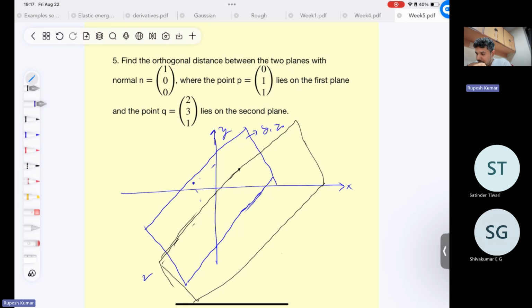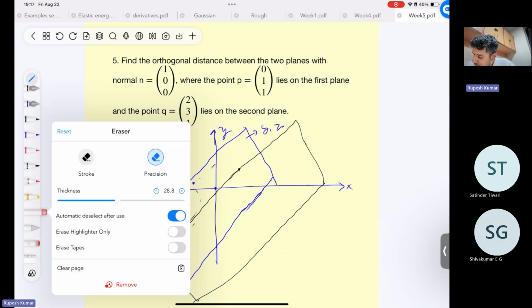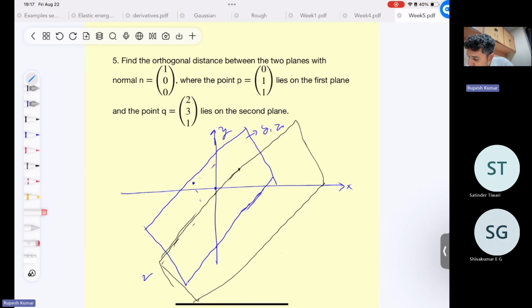So the first plane cuts the x-axis at 0. The second plane cuts the x-axis at 2. Fine. So this is the 0, and this plane essentially cuts the x-axis at 2, right? Okay, so let me make the figure a bit more clear. This was the x-axis.